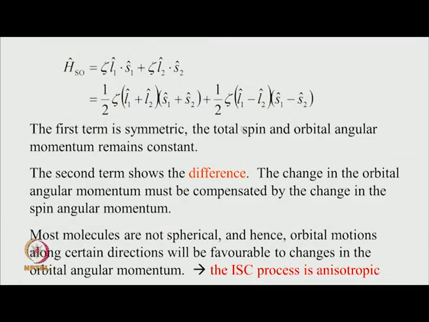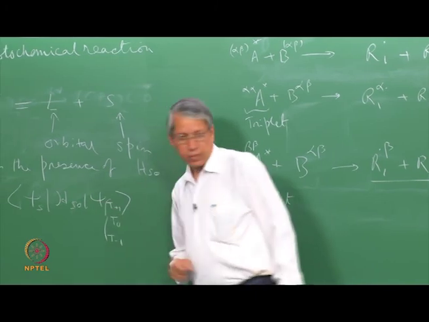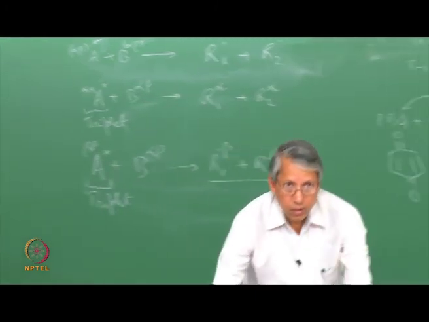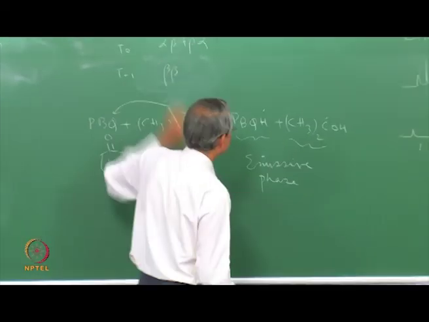That is the key to conserving the total angular momentum, as well as to justifying why this could be different for different triplet levels. So, most molecules are not spherical, and hence orbital motions along certain directions will be favorable to changes in the orbital angular momentum. If the molecules are not spherical, let us say a quinone itself.